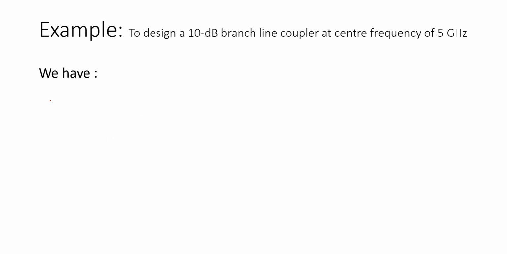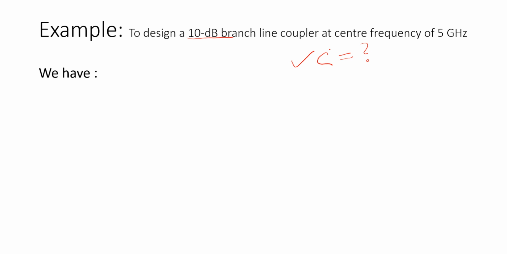This was our question: we wanted to design a 10 dB branch line coupler. 10 dB means it's your C. For any BLC question, our first step is to find the value of C. If we get the value of C, then the main work of our question is done, because after that, using our design equations and the lossless condition, we can get one term after another. So the main thing is deriving the C equation.